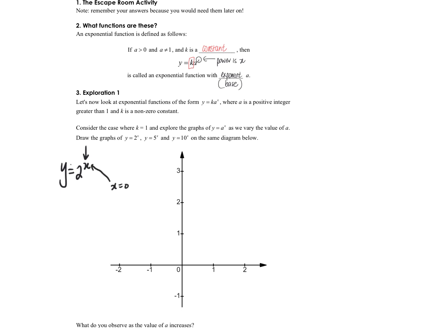What happened? It becomes what? What is anything to the power of 0? 1. Indices law, right? So when x is 0, y must pass through 1. So this is a very important point in the exponential graph. It will always cut the y-axis at a very strategic point.